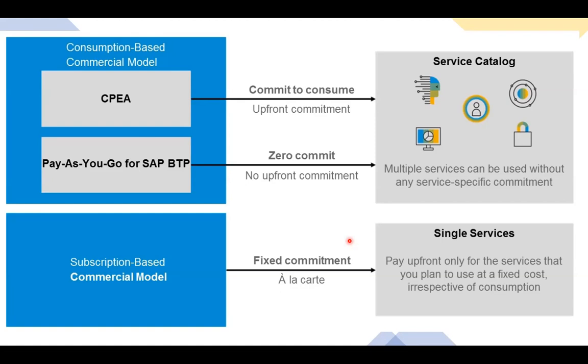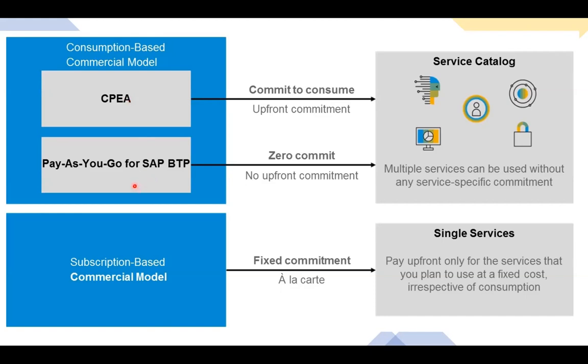So here, CPEA is the Cloud Platform Enterprise Agreement. It's just a consumption-based one. And the next one is pay-as-you-go for SAP BTP. These are self-explanatory, and both are consumption-based. Whatever services the customer consumes, the customer will be paying for that specifically. If the customer is not using them, the customer will not be paying.